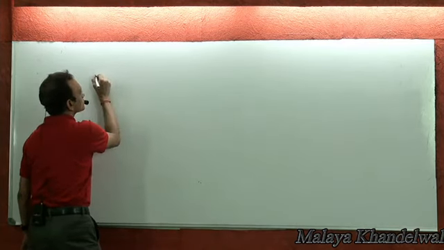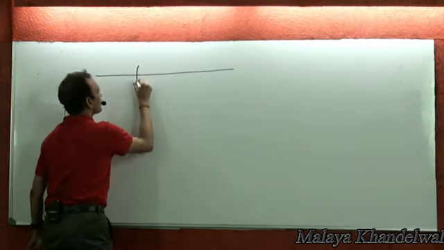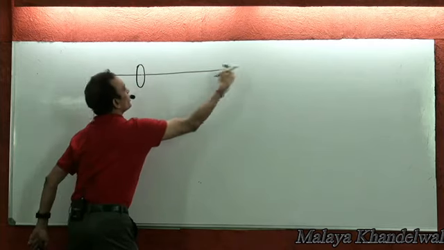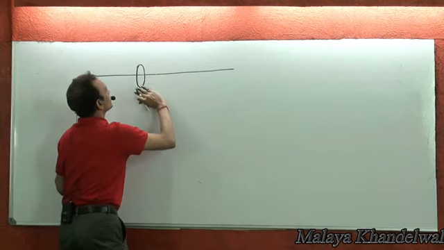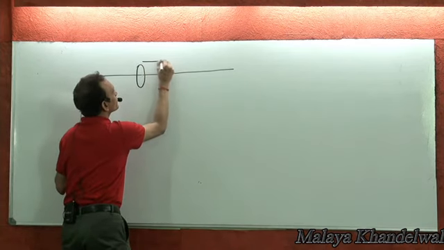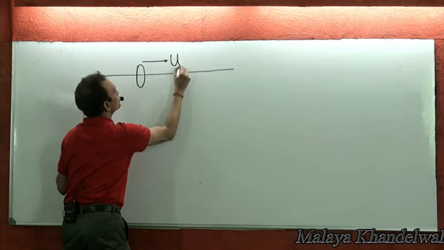Say there is a fixed ceiling here and there is a ring. This is a fixed rod, and there is a small ring here. And this ring moves in this direction with a velocity u.